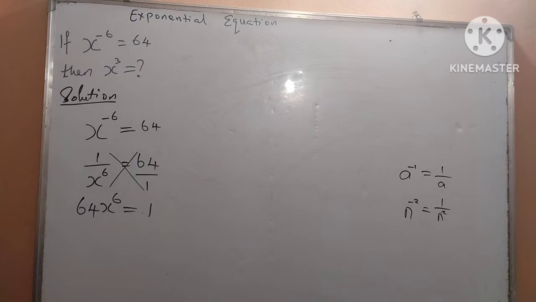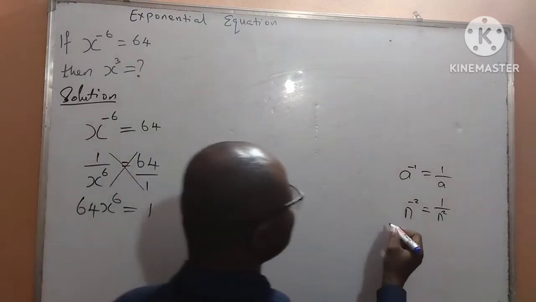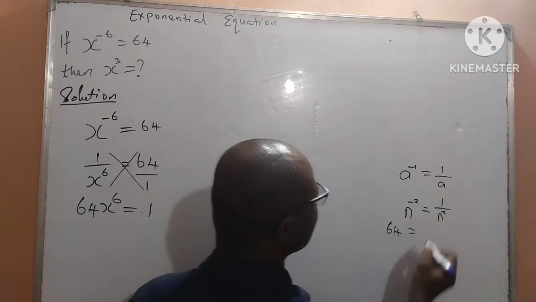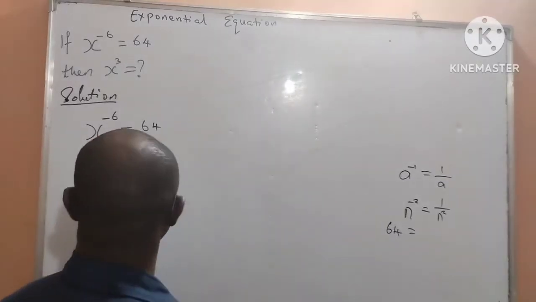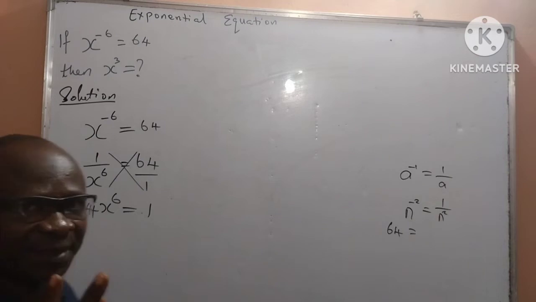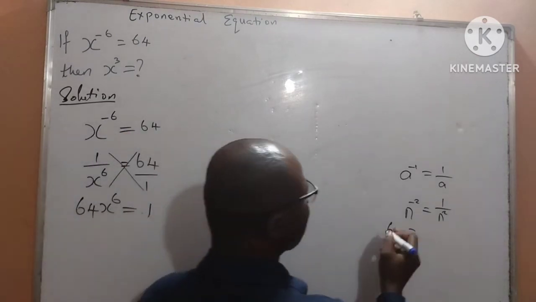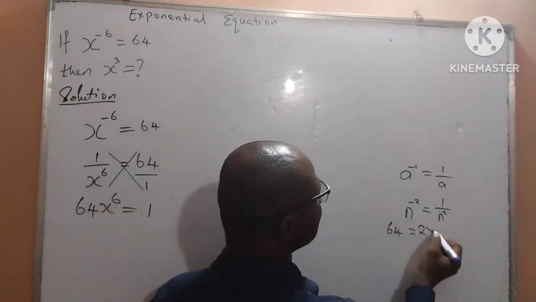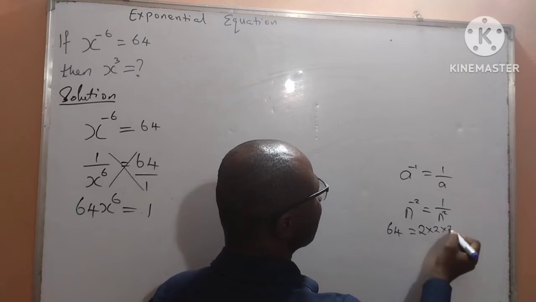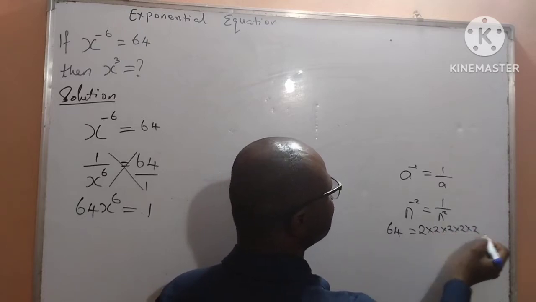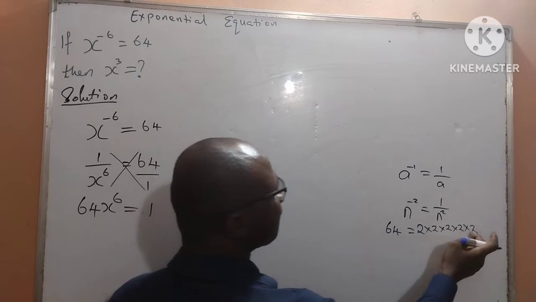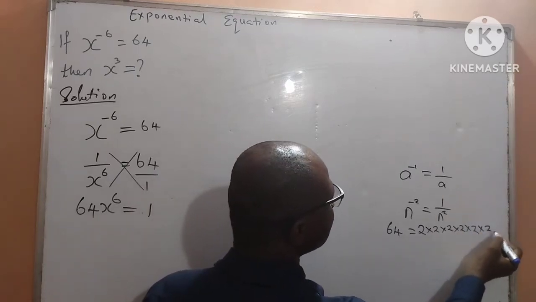Alright, we move on. If you don't mind, let us represent our 64 in index form, and preferably let it be in base 2. 64 is written as 2 multiplied by 2, multiplied by 2, multiplied by 2, multiplied by 2, multiplied by 2, 1, 2, 3, 4, 5, 6.